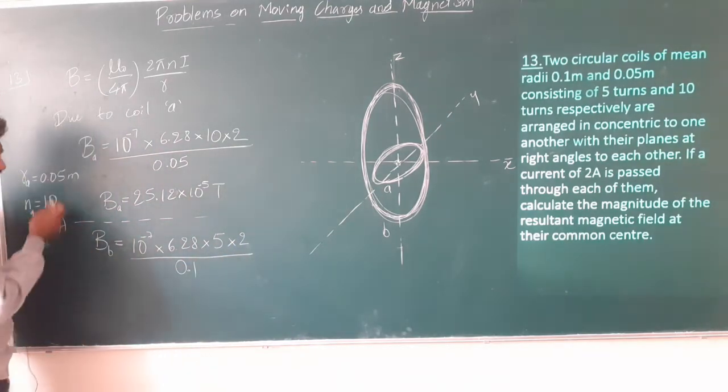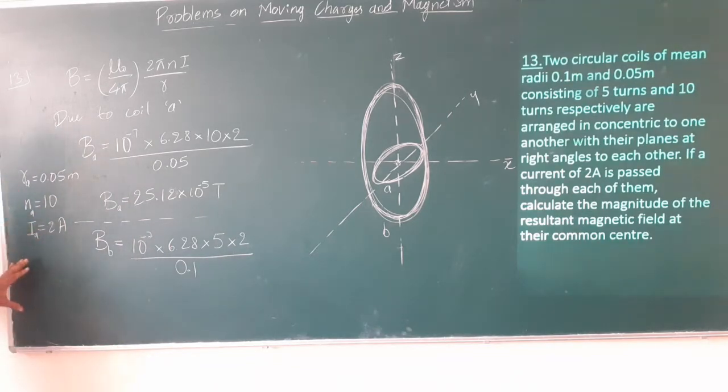Again, you can write the given data as such. That would give you more clarity, obviously. That's good always. I sometimes avoid writing the given data and directly take the data from the question and put that here, but it's a good habit to keep the data. RB is 0.1 meter, number of turns in the coil is 5, current in coil B is 2 ampere again.